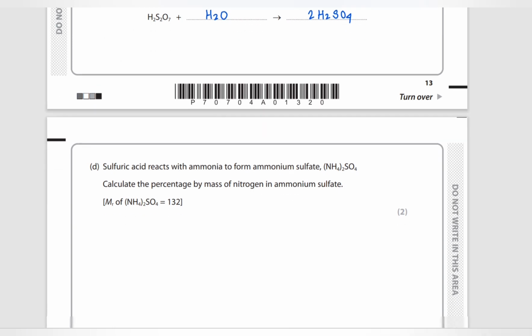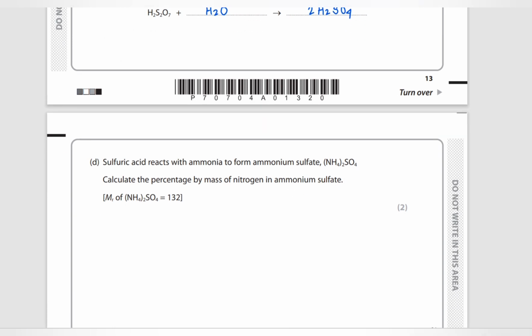Moving to 5D. Sulfuric acid reacts with ammonia to form ammonium sulfate. Calculate the percentage by mass of nitrogen in ammonium sulfate. The Mr of ammonium sulfate is 132 and there are 2 nitrogens used. So the mass of nitrogen used is 2 times 14, that is 28.